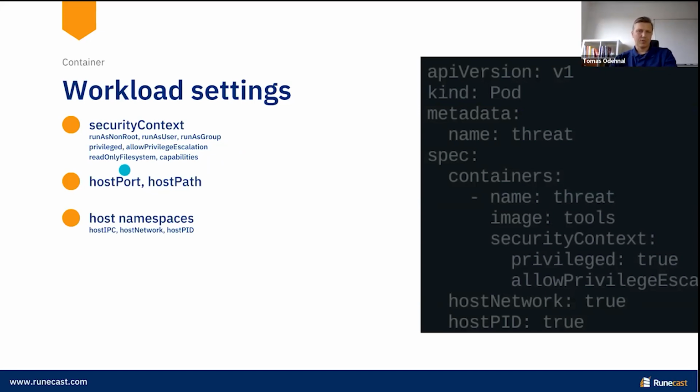You should also use a read-only file system. So, for example, if an attacker gets into the container and is able to communicate via the network, he is then not able to store files and further do some actions.